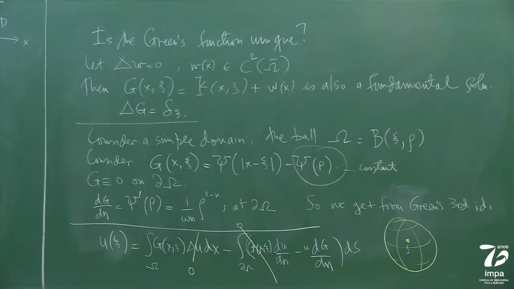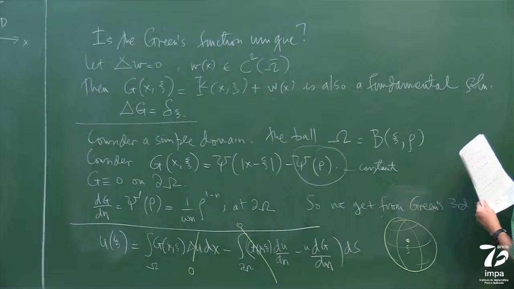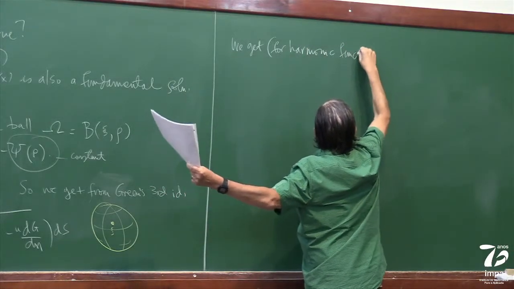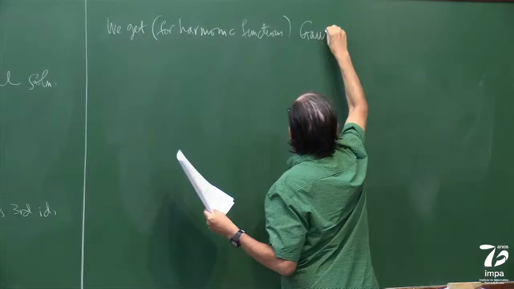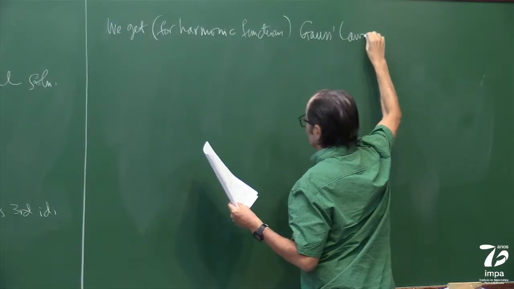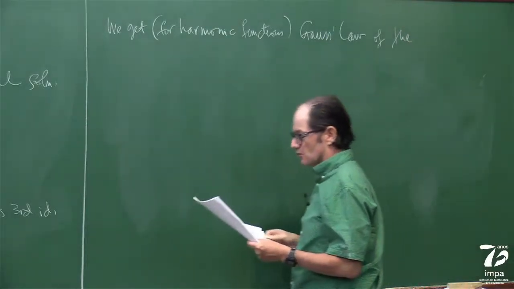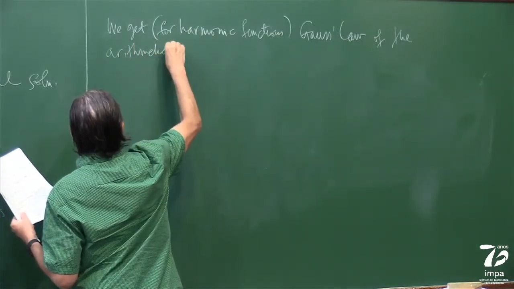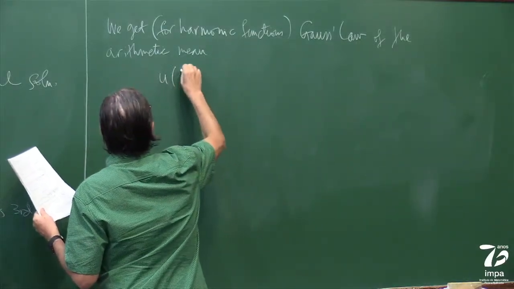Very nice expression. One of the many very nice results, right? So now we get, for harmonic functions, which is that u over there, Gauss's law of the arithmetic mean, which is u of c.